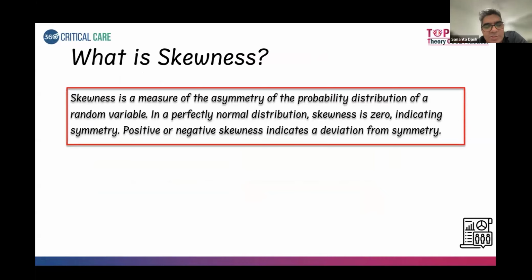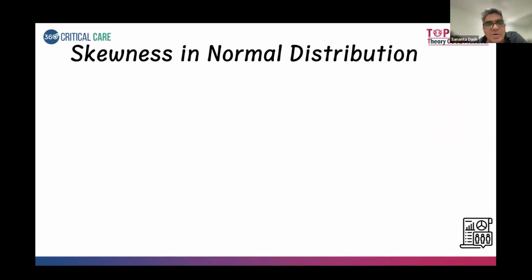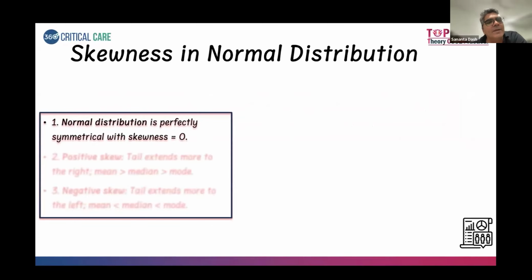So a normally distributed bell-shaped curve has skewness 0, indicating symmetry. Positive or negative skewness indicates a deviation from symmetry. That means there are more outliers and the data is not uniformly distributed in the population. In that case, the distribution will be skewed and not a normal bell-shaped curve.